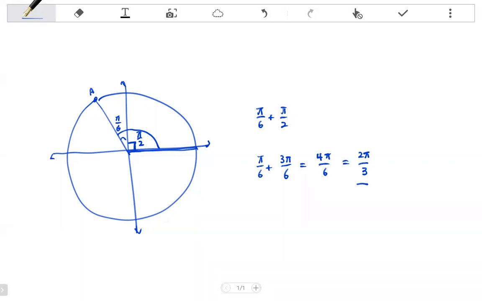So is it the x coordinate or the y coordinate? Since it's the x coordinate we're finding, it's going to be cos of 2 pi over 3. Make sense? Yes. Okay, let's do Pythagorean identity then.